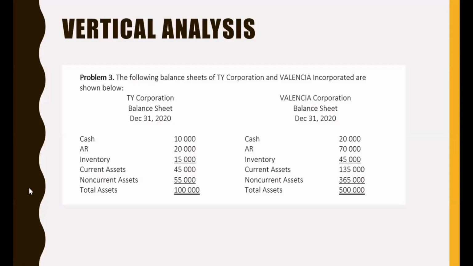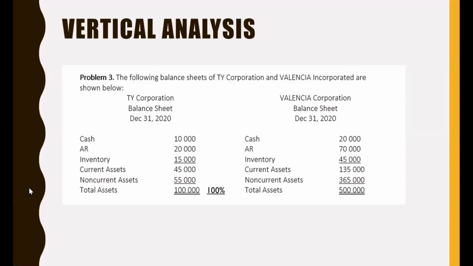So to perform vertical analysis, since our base in the balance sheet is total assets, we're going to set this at 100%. And the rest of the line items will be expressed as a percentage of these total assets.